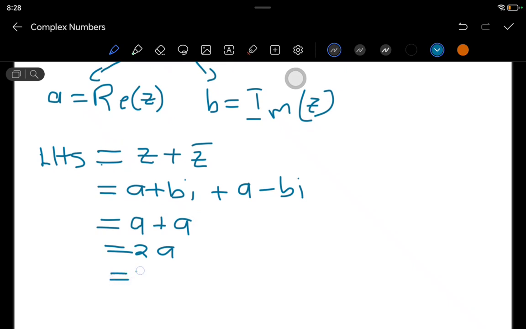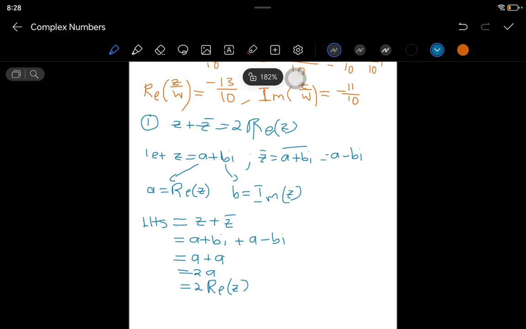Now, looking at another property, it says that Z minus Z conjugate is equal to 2 imaginary of Z times I. Let's see that.